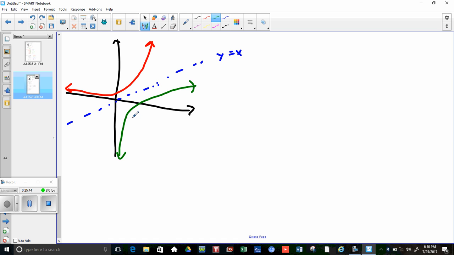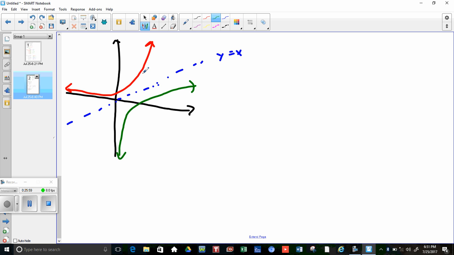And remember, the inverses take on the property of their domains and their ranges being switched. So if you go back to the notes that we took on exponentials, the domain of an exponential is all real numbers. Okay, there's no x value that doesn't work here.